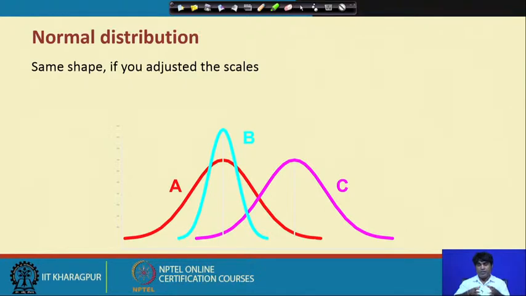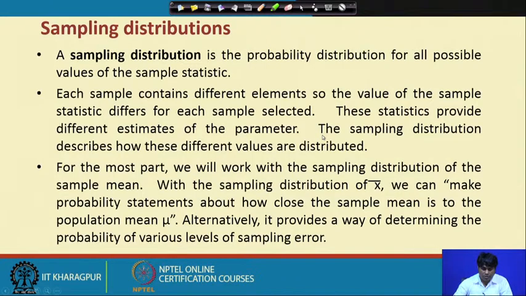In fact, in all these cases it follows a normal distribution, but which particular shape is perfect depends upon the sample means, which vary from sample to sample, and the size of the sampling.